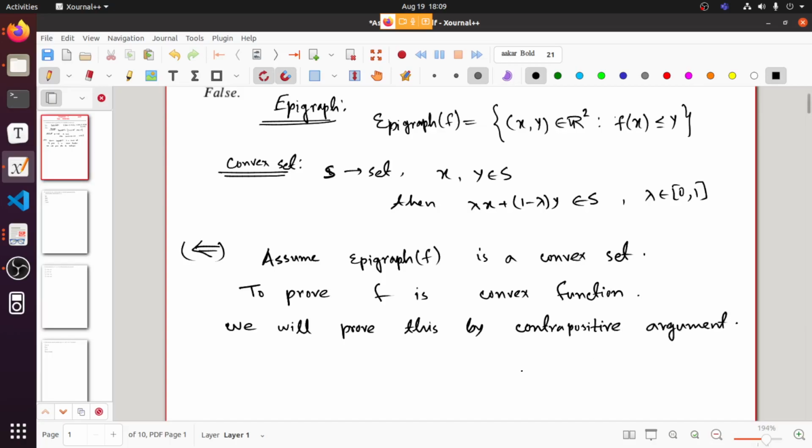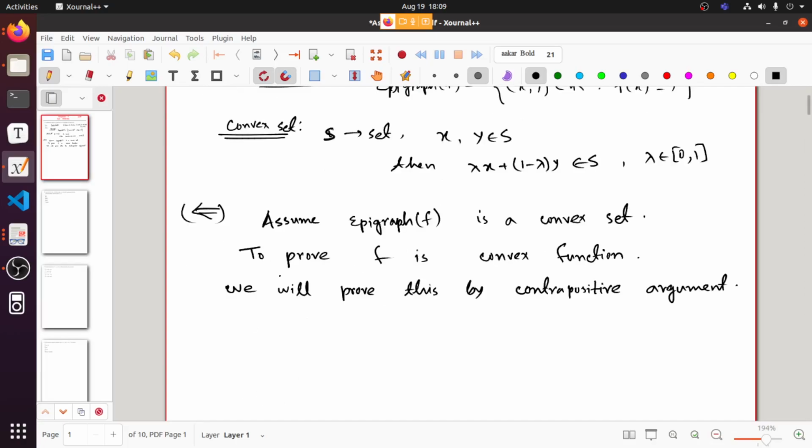So we have to prove that f is convex, so we will assume that f is not convex. Suppose f is not convex function. Then what is the meaning of this?